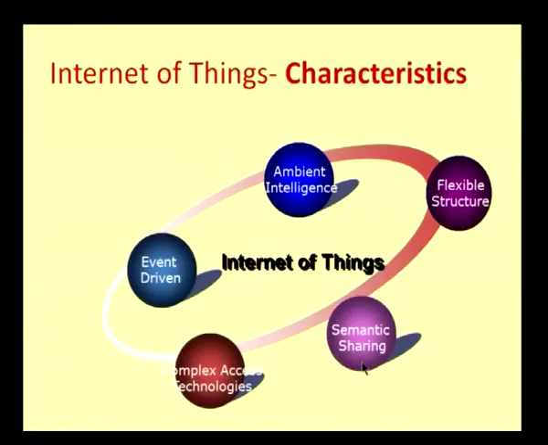In the meaningful way, we can share the things based on the various things you have reached. Then complex access technologies are possible, that is, it is possible to access so many complex items. It is event driven. Whenever some event occurs, then you can initiate some other operation. Then it is possible to have ambient intelligence also. Based on the condition, intelligent decisions can also be made. These are the various characteristics.